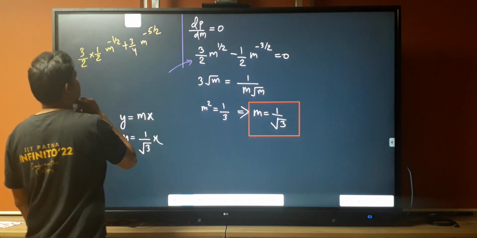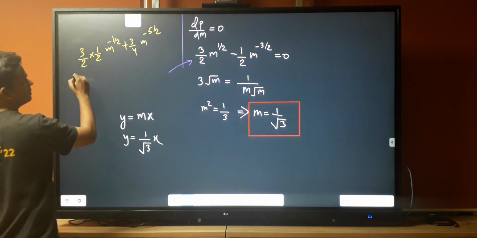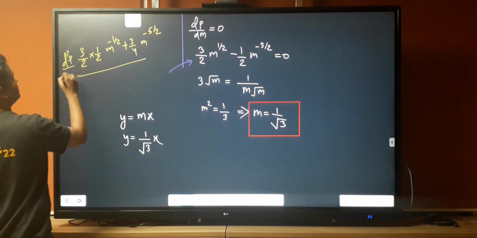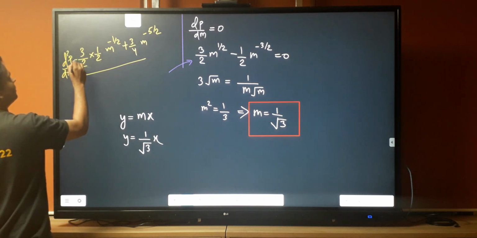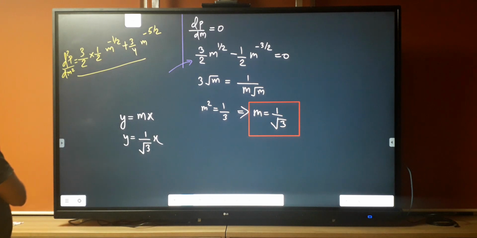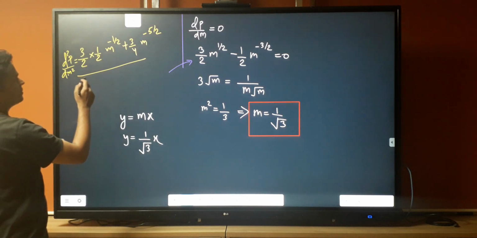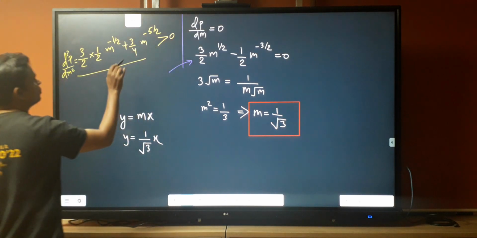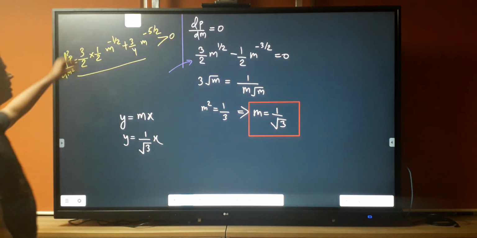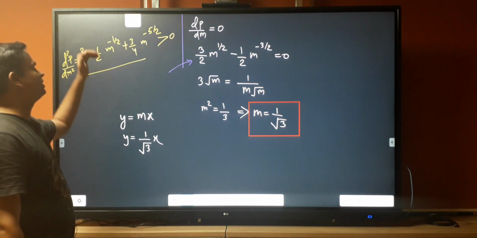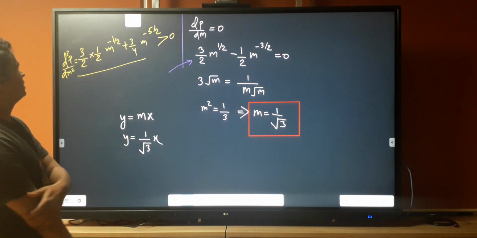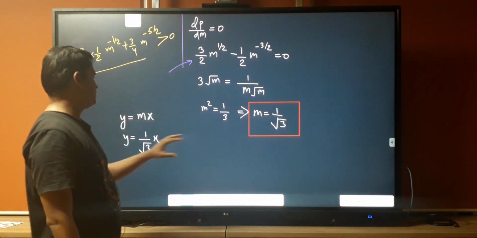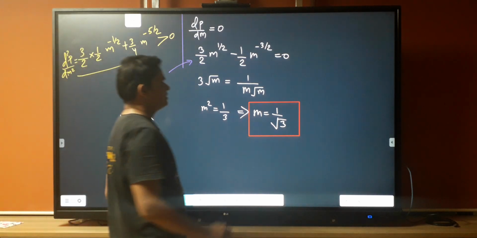This is d square p by dm square. If I substitute the value of m here, it is going to be greater than 0, because there are no negative terms, only negative powers, and when they come in the denominator, it will be positive. That means d square p by dm square is greater than 0, and therefore this point represents minima.